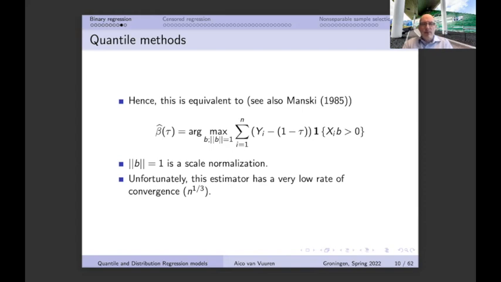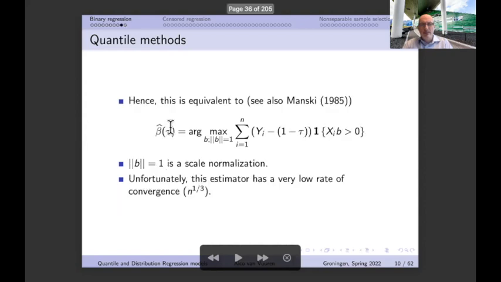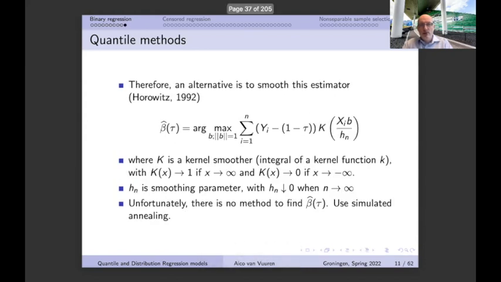And that implies that this estimator is going to converge to exactly the same values as that estimator. We know that this estimator goes to beta tau. So this one is also going to converge to beta tau, and so this one is also going to be consistent under these restrictions that we have over here.